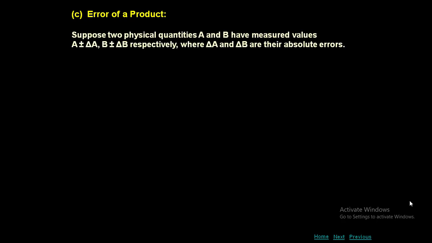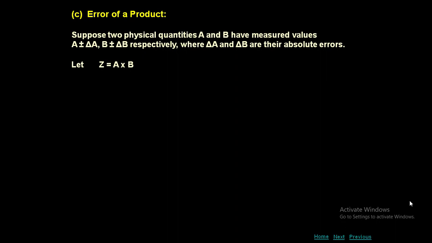Now, the third one, error of a product. Suppose two physical quantities A and B have measured values A plus or minus delta A, B plus or minus delta B respectively, where delta A and delta B are their absolute errors. Now let Z equal A into B. Now I am going to multiply them.